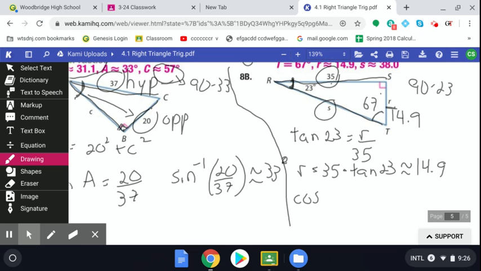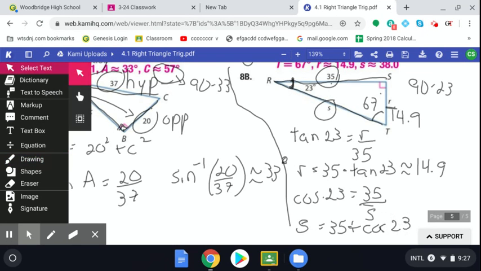Cosine 23 is equal to 35 over the hypotenuse, which is S. So S should be equal to 35 divided by cosine 23.